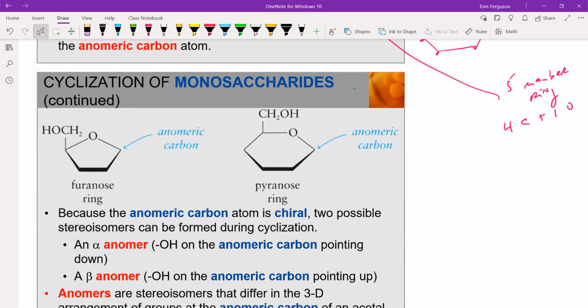Now, when we draw these Haworth structures, we always put the anomeric carbon on the right. And that's the one that's attached to the oxygen. And that's the one where the OH group can go up or it can go down.